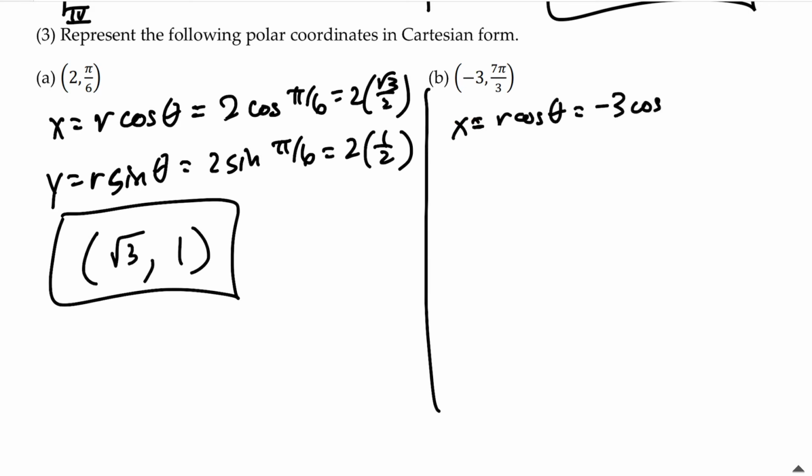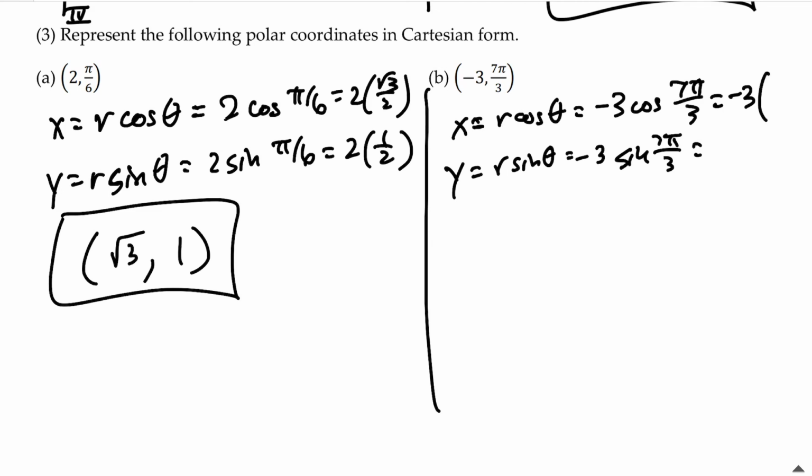And then for b, we'll have x equals -3 cosine 7 pi over 3. And y is going to be r sine theta, so that's going to be -3 sine of 7 pi over 3. So now we're going to get -3 times... 7 pi over 3 is the same as pi over 3. So we're just in the first quadrant. So that's going to give us positive 1/2. And then sine of 7 pi over 3 is also in the first quadrant.